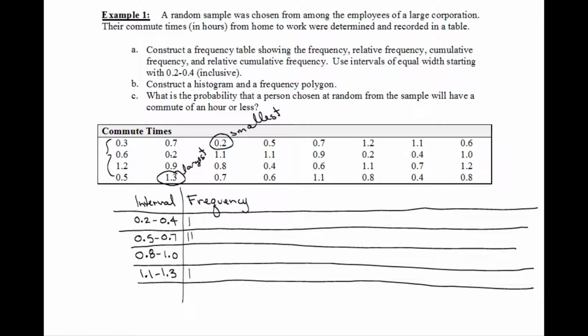So 0.7 will go here, then 0.2, 0.9, 1.3 in the last category. Third column: 0.2, 1.1, 0.8, 0.7. Move to the fourth column.